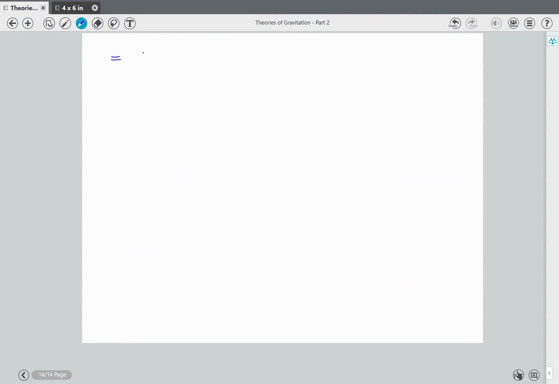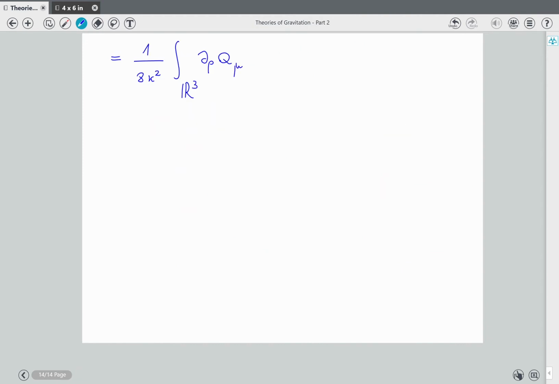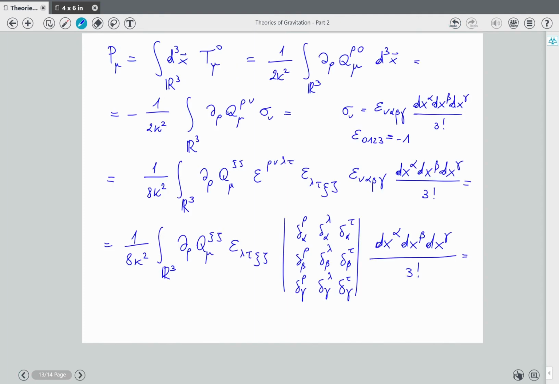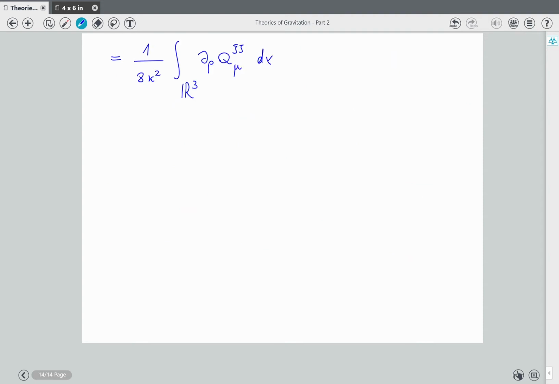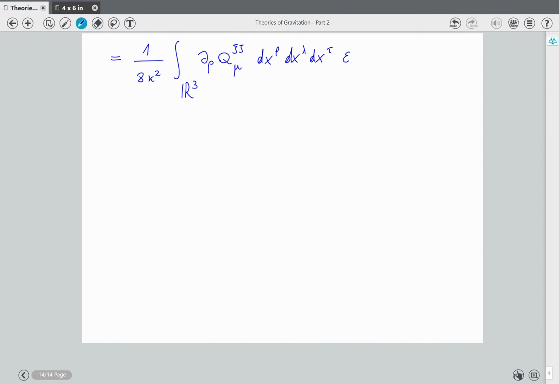So the 6 factorial goes away, and you have 1 divided by 8 kappa squared, integral on R3, partial rho q mu psi zeta, and then you have dx rho, dx lambda dx tau, epsilon lambda tau zeta psi zeta.